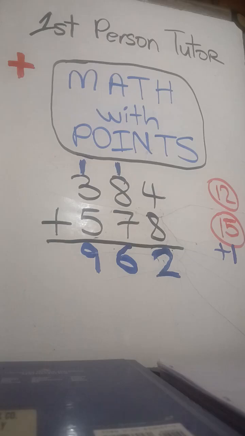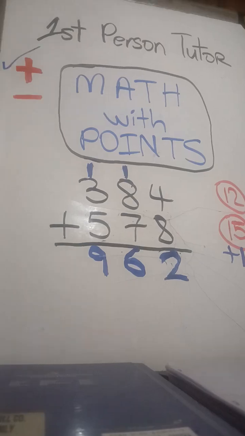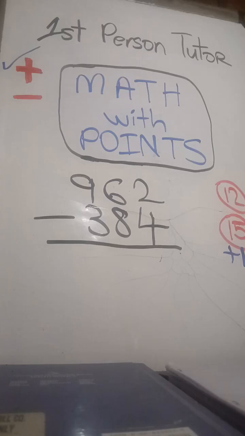Maybe we'll see a little bit of how we could probably go into the next topic. So how about we make an attempt at doing some subtraction then? How about we go back to what it was before? 962 minus 384.